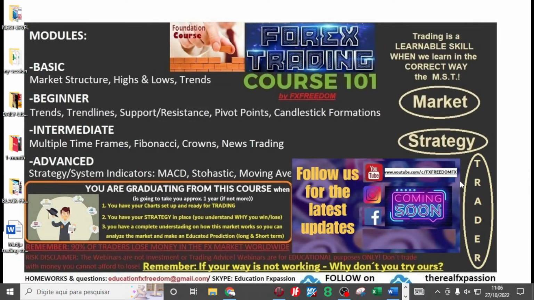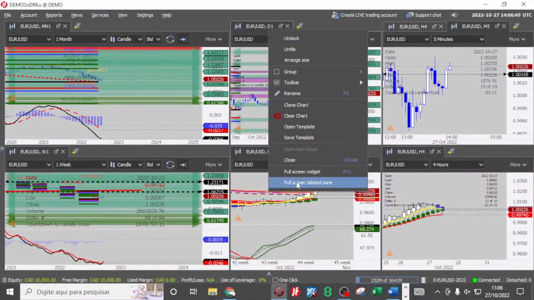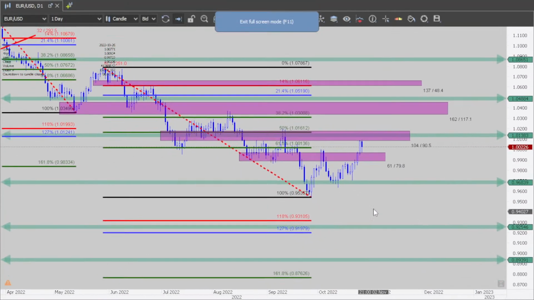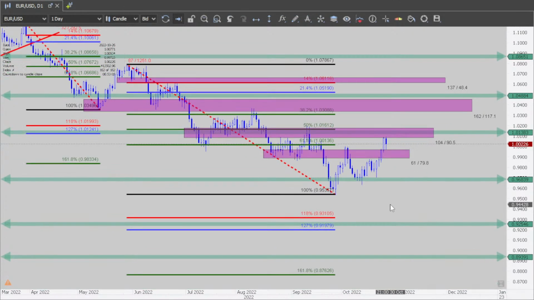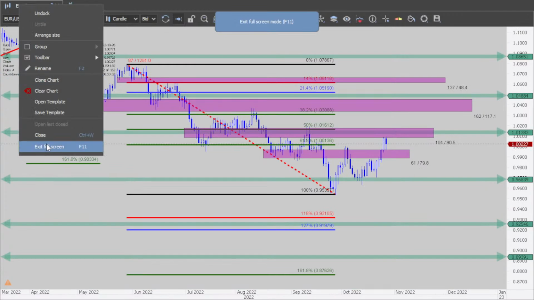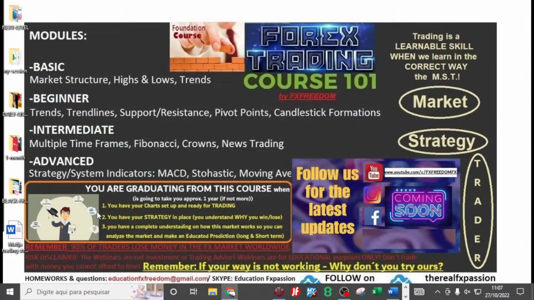And remember, you are going to graduate from this course when, number 1, you have your chart set up and ready for trading. So you have your chart set up something like this. You don't need to use everything and anything, just have something. Number 2, you have your strategy in place. You understand why you win and why you lose.